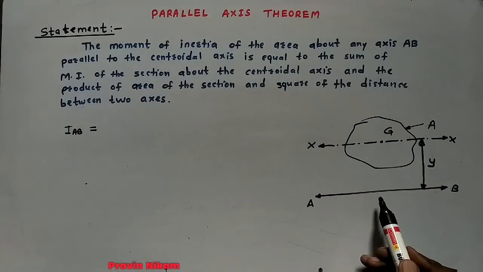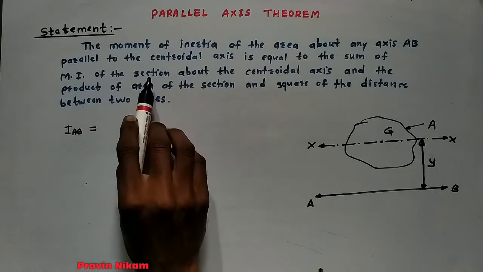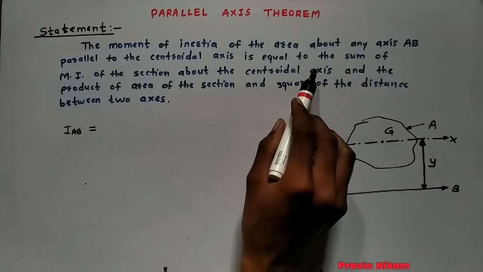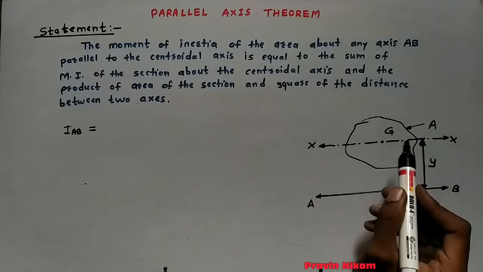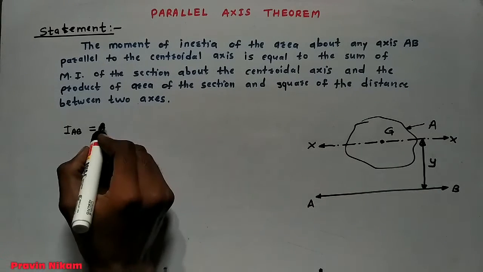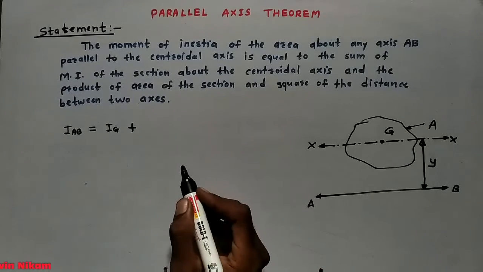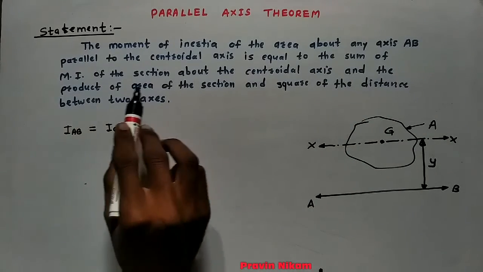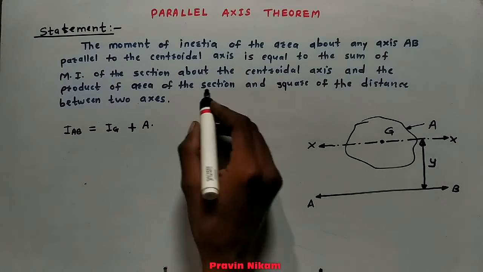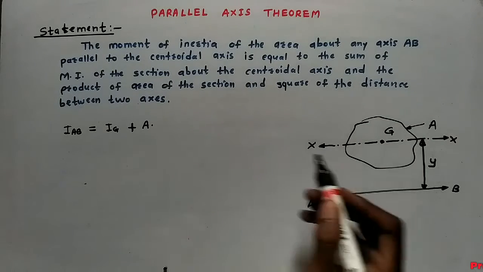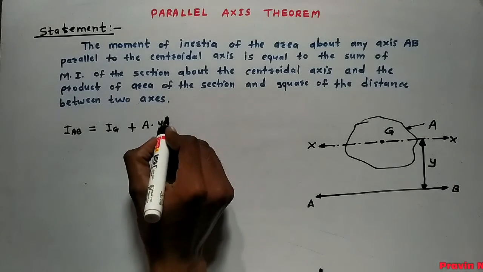It is equal to the sum of the moment of inertia of the section about the centroidal axis, which is denoted by IG, plus the product of the area of the section A and the square of the distance between the two axes, which is y square.